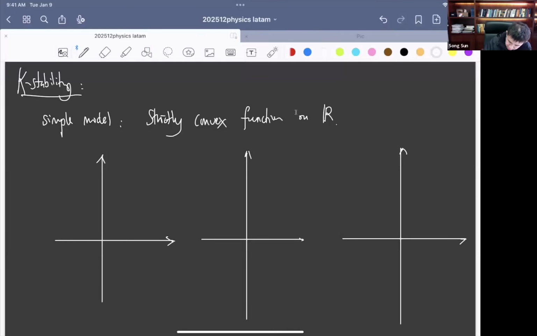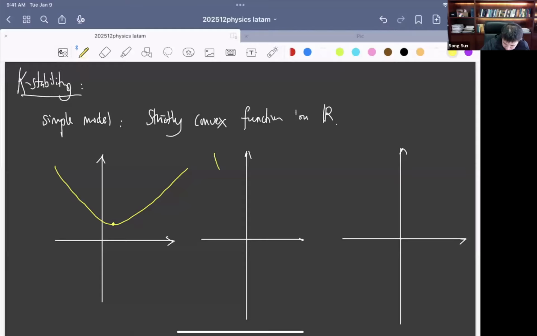If you have a critical point, then it has to be a minimum point, and we show it in yellow. So it must go like this. But it does not have to have a minimum point.